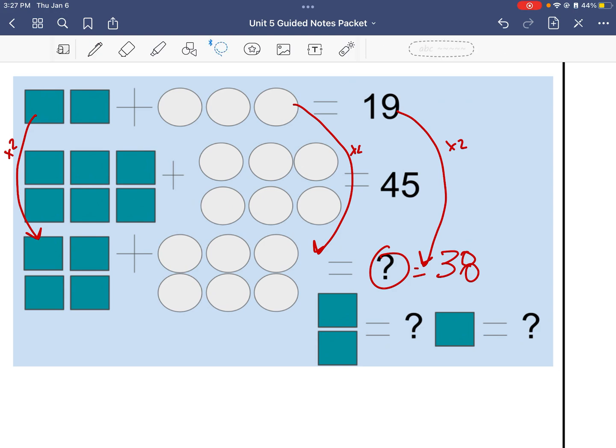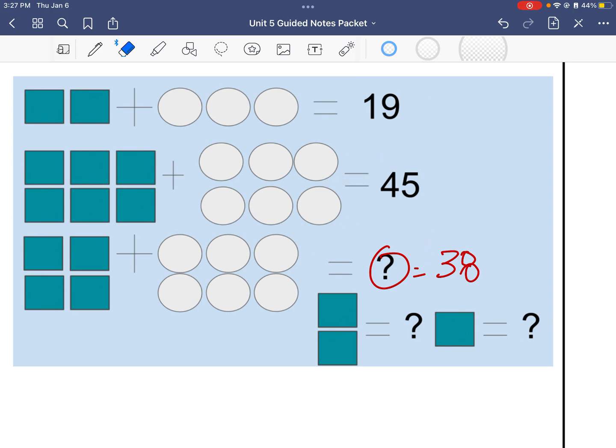But then the next question is, what is 2 squares and what is 1 square? So now we kind of have to start over and think to ourselves, okay, what do we do now? What do we notice? What could possibly help us with this?